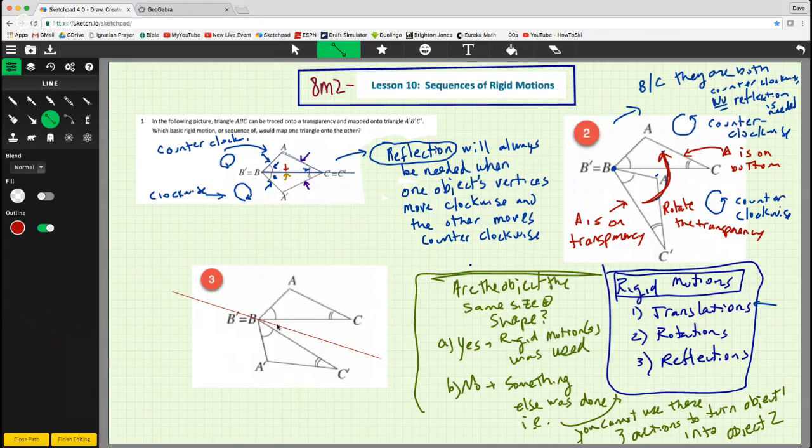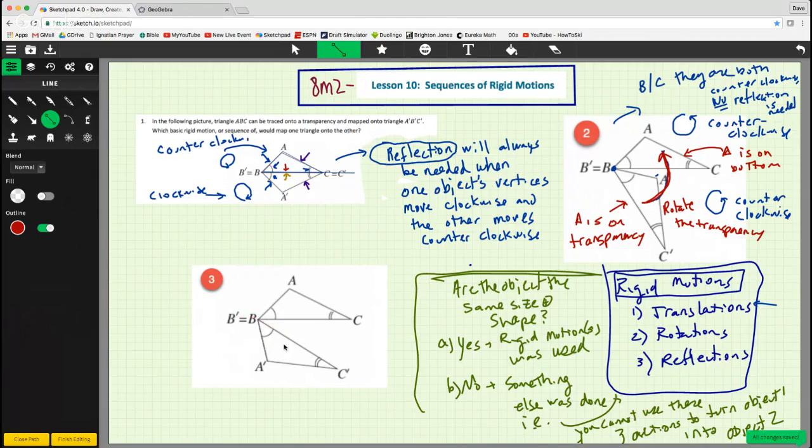You can see this if you just fold your paper. If you drew these two things and I folded my paper across this line, my A would match up with my A right across that line, and my C would line up right across my line like that.